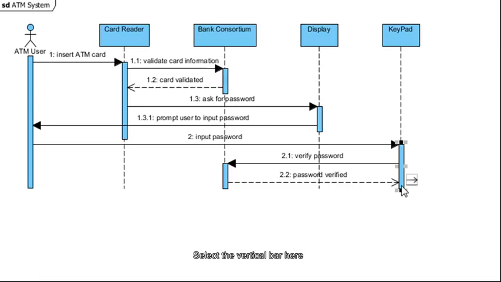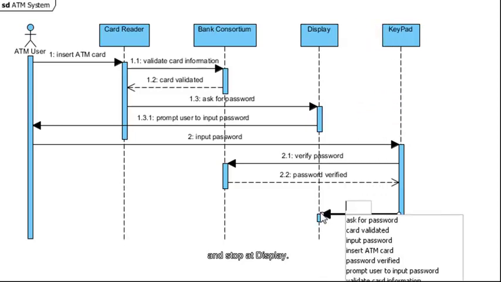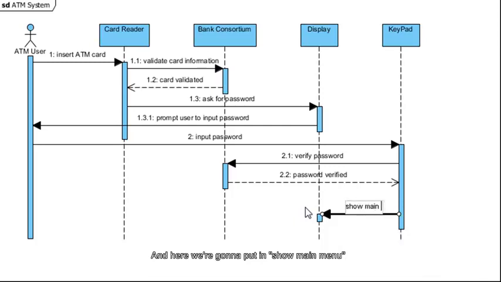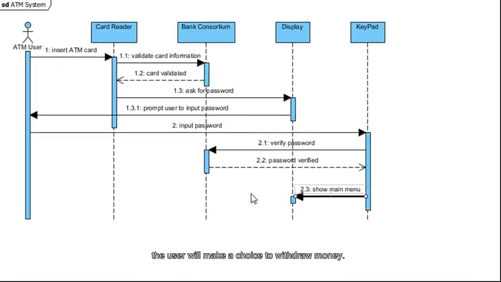Now next, let's come back to keypad here. Select the vertical bar here and drag the message to lifeline icon to the left and stop at display. And here we're going to put in show main menu. After looking at the main menu, the user will make a choice to withdraw money.